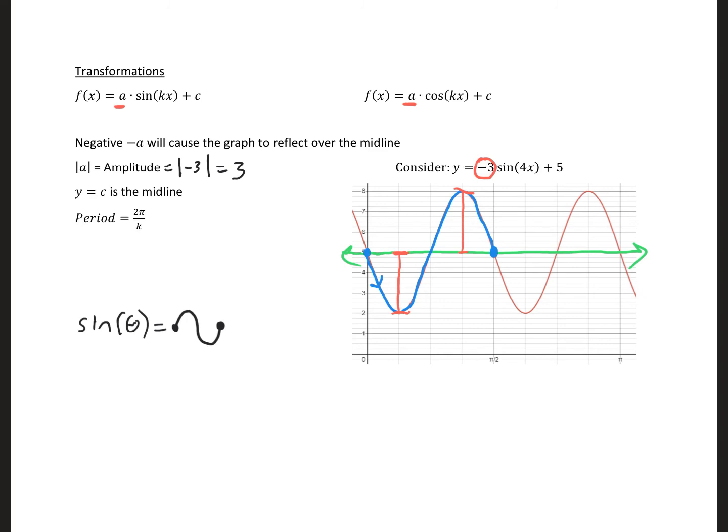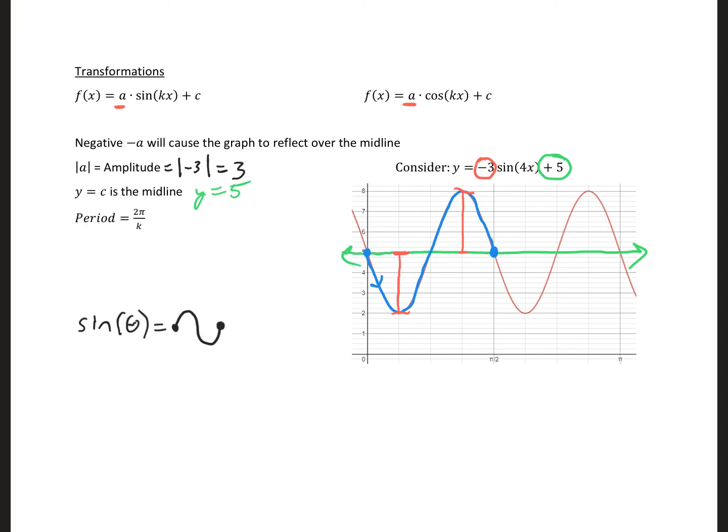The next important value that I want to talk about here is this 5. Since it's +5, it has shifted the entire graph up 5 units. That number is equivalent to the midline. If it was negative, it would have shifted the graph down 5 units. So the midline here is y equals 5.